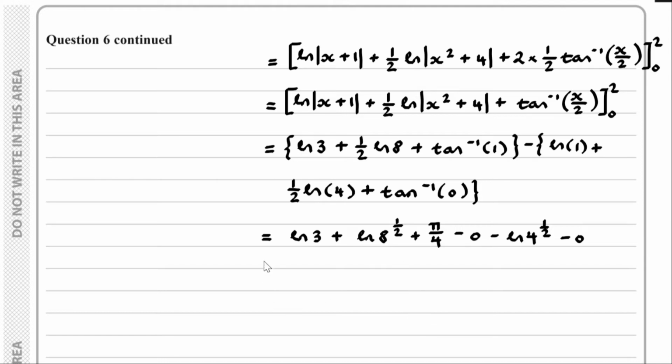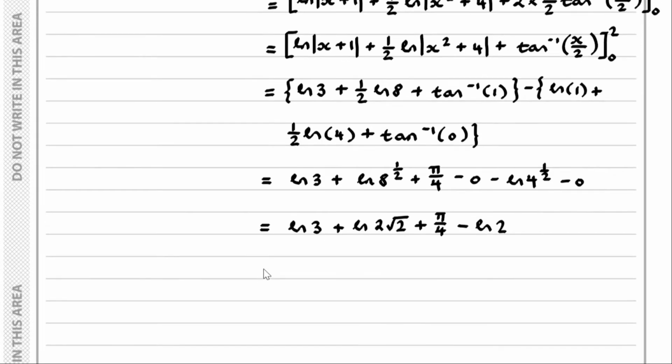So we have the natural log of 3 plus the natural log of 2 times the square root of 2, that's the same as 8 being raised to the half, plus pi over 4, subtract the natural log of 2.